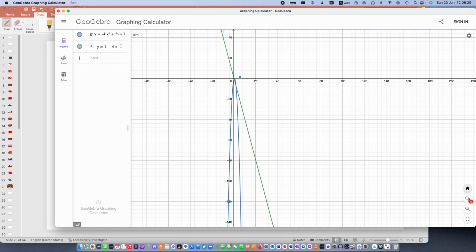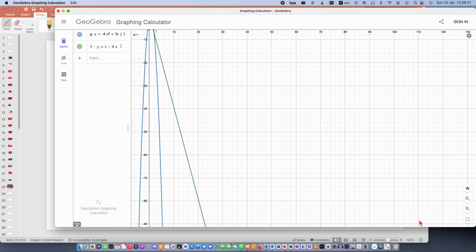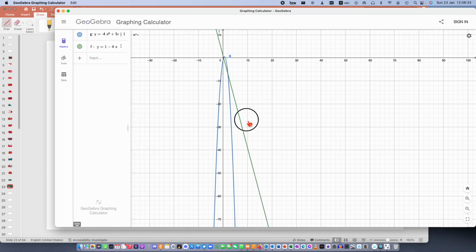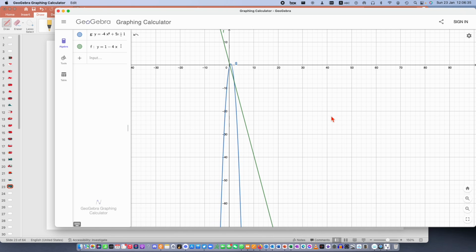Yeah, it's intersecting. But they want you to find this. So find the set of values for which the curve lies completely below. So we cannot make use of that graph.